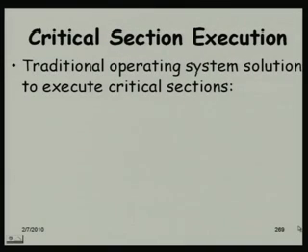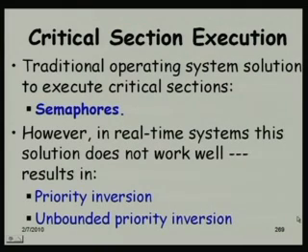In traditional operating systems, the typical solution is to use semaphores, but in case of real time tasks, if we try to use semaphores, we will get problems. The problems are known as priority inversion and unbounded priority inversion.